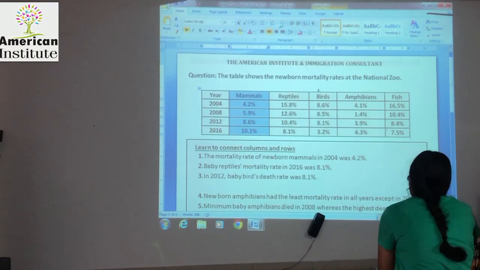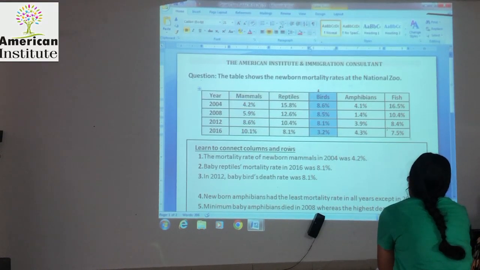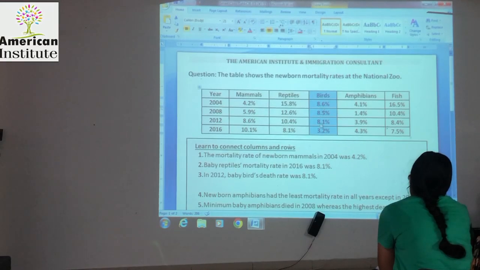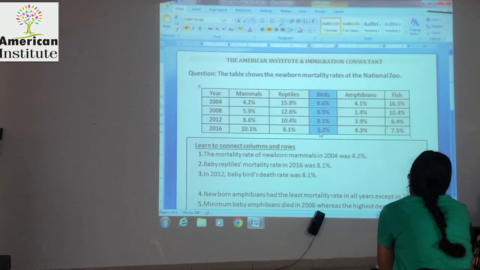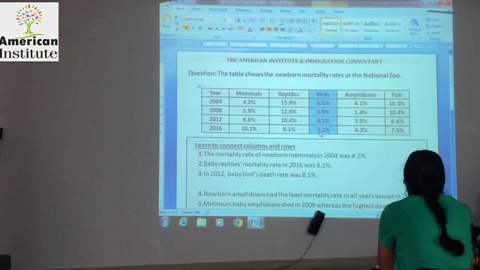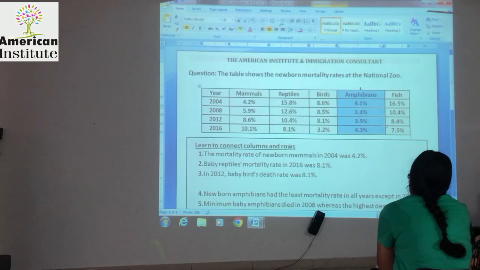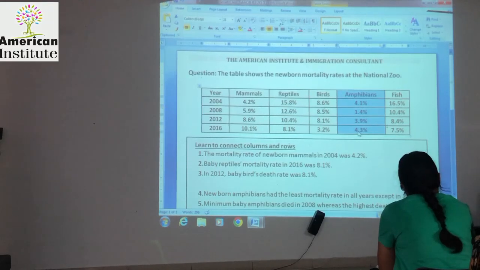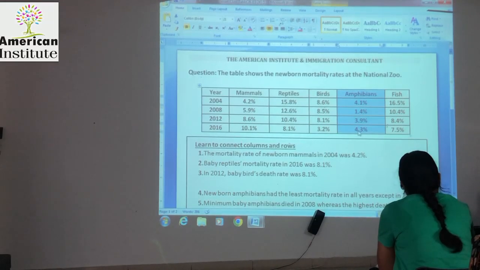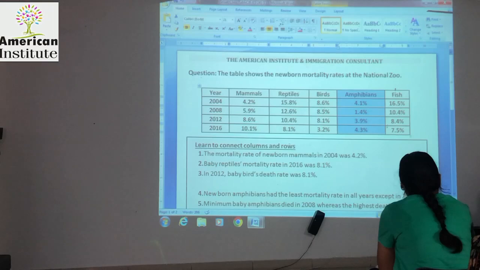Okay, look at the birds. Birds data is 8.6, 8.5, 8.1 and 3.2. It's also decreasing. Very good. And amphibian data: 4.1, 1.4, 3.9, 4.3. It fluctuates. Yes, ma'am. And fish data, beta, look, the fish rate is decreasing.